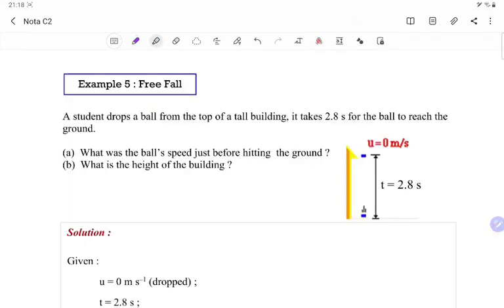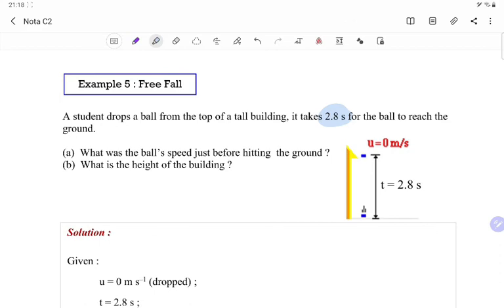Right, so let's take a look at one example for free fall. A student drops a ball from the top of a tall building. It takes 2.8 seconds for the ball to reach the ground. Okay, seorang budak ni dijatuhkan bola daripada satu bangunan yang tinggi dan bola tu sampai ke ground dalam masa 2.8 second.